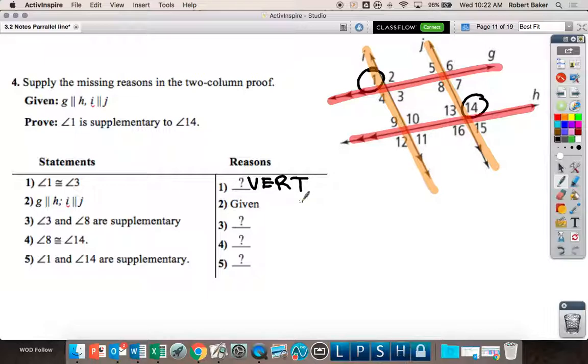These are supplementary because they are same side interior, the S's. They are on the same side of the red transversal and they are inside the orange lines. Then it says that angle 8 and angle 14 are congruent. Alternate interior angles.